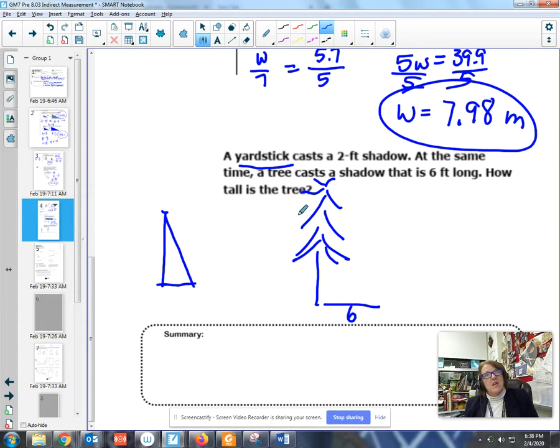So this is 6. I don't know how tall the tree is. Over here, I have the yardstick and a 2-foot shadow. How many feet are in a yard? Do you know that? It's 3. So here's your similar triangles here. 3 is to 2 as T is to 6. When you solve that one, you should get 9 feet.